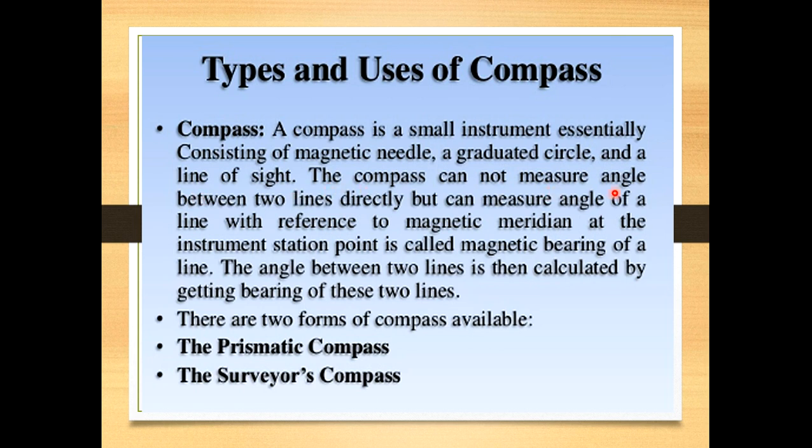The compass cannot measure the angle between two lines directly but can measure the angle of a line with reference to the magnetic meridian at the instrument station point, which is called the magnetic bearing of a line. The angle between two lines is then calculated by getting the bearing of these two lines. There are two forms of compass available: the prismatic compass and surveyor compass.